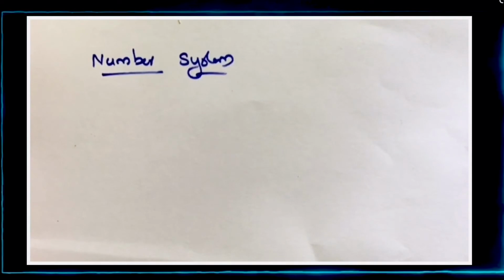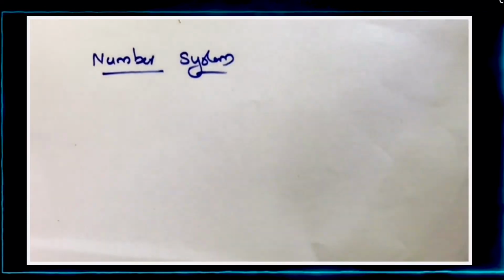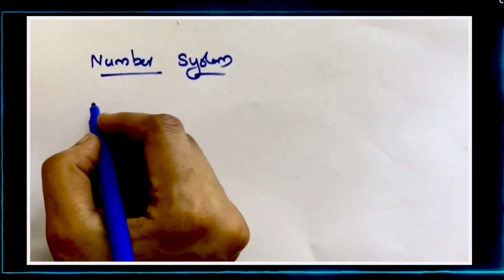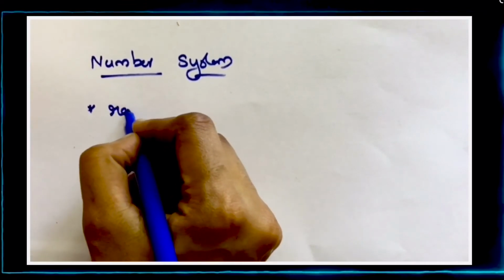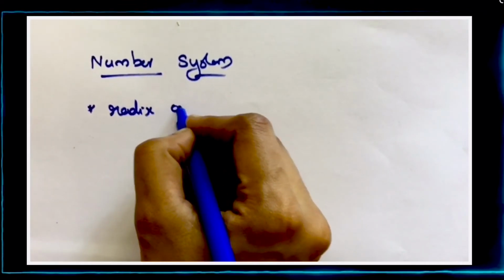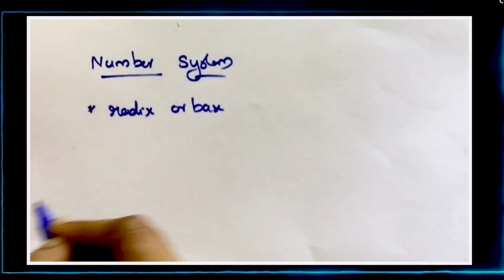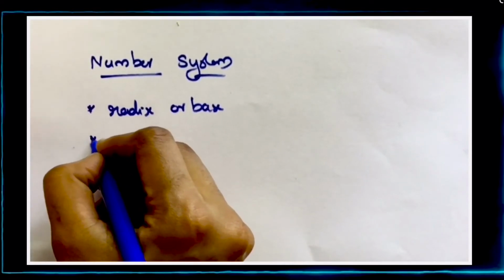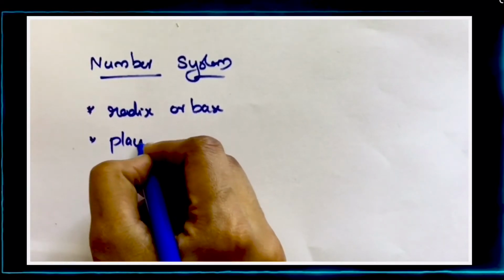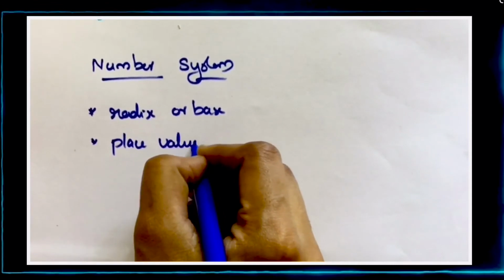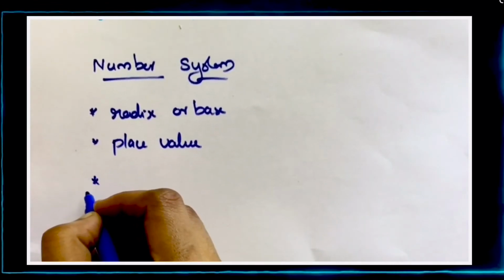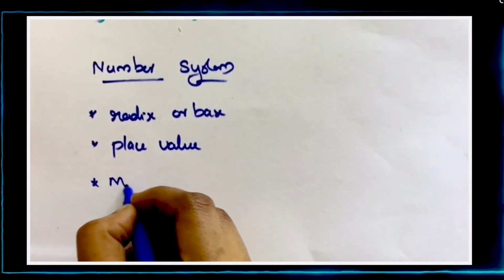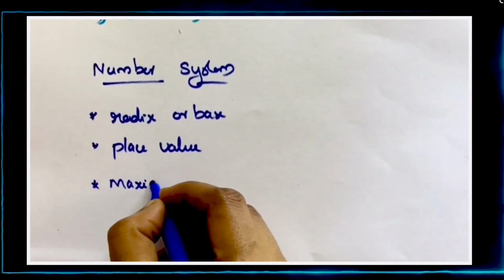In fact, there are 3 parameters that are associated with a particular number system. They are radix or base, which represents the number of independent digits in a particular number system. Then place value. Finally, maximum numbers that can be represented by a particular number system.